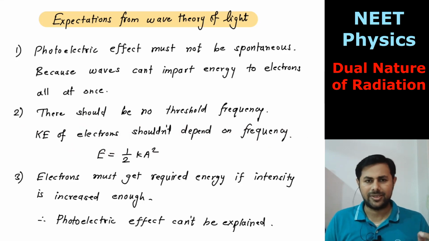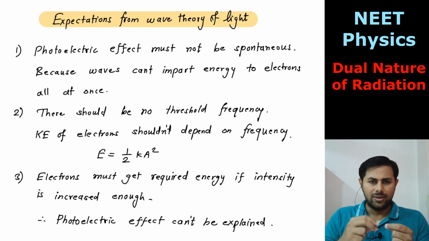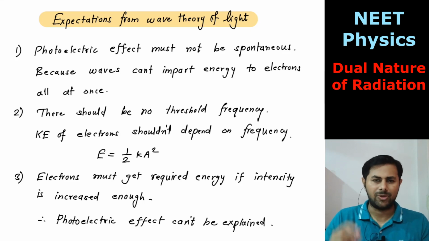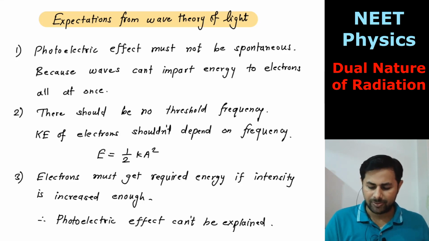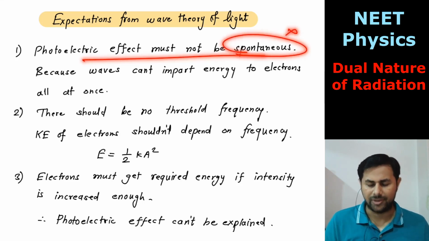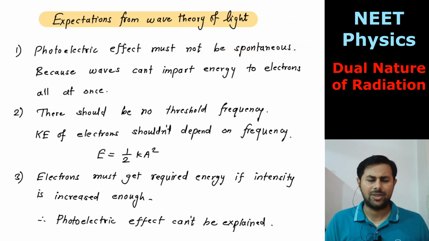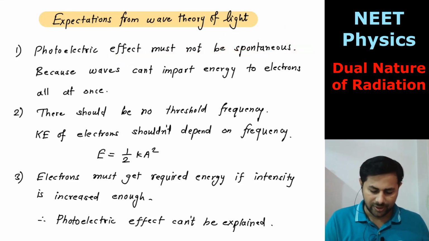It can't get all of its energy. So the electron has to be illuminated by light for a sufficient amount of time so that it gains sufficient energy to come out of the metal surface, and that's why the photoelectric effect must not be spontaneous, because the energy of the wave is not localized. This is the first observation, and it doesn't match our classical wave theory of light expectation.